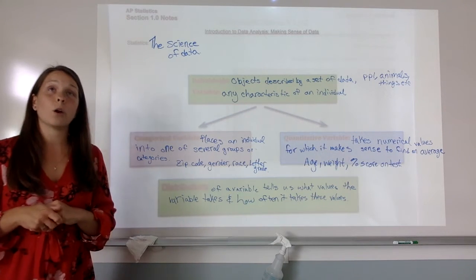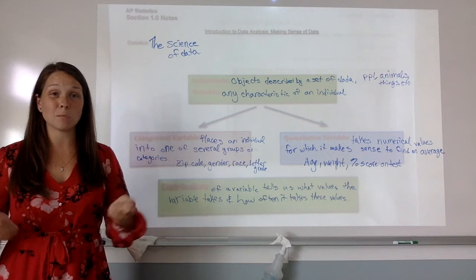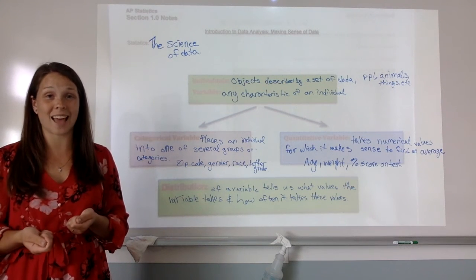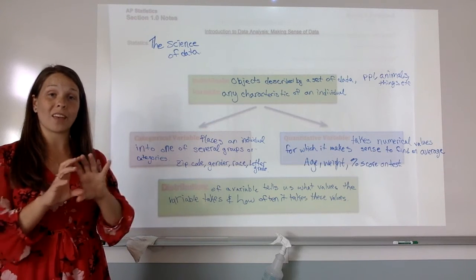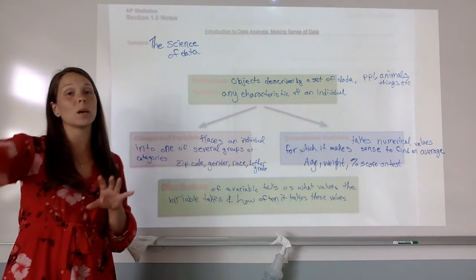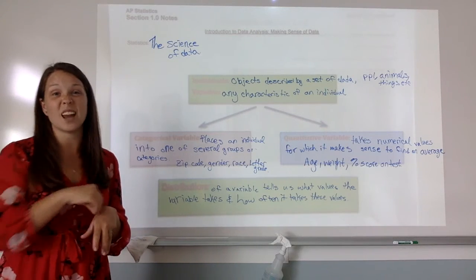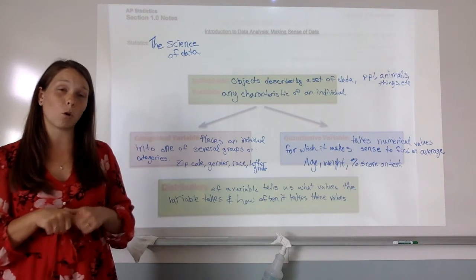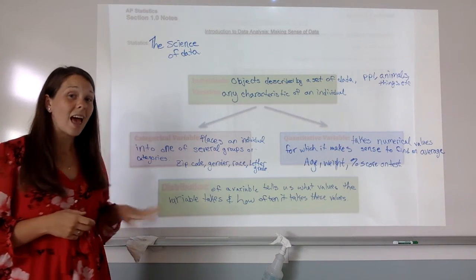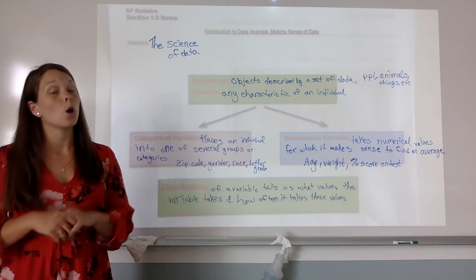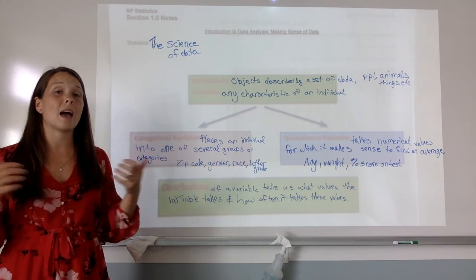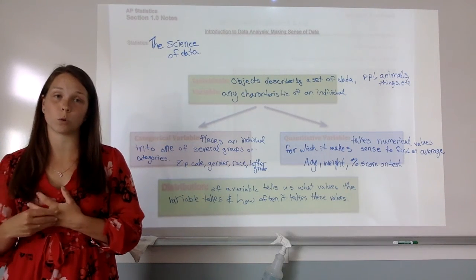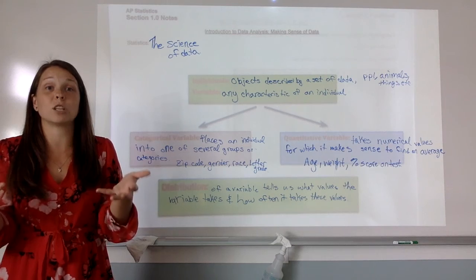So if I were to open up a bag of M&Ms and count how many orange M&Ms I had and draw that on like a number line, and then I gave everybody else in the class different bags of M&Ms, and everybody counted up their number of orange M&Ms, we all graphed how many orange M&Ms we each had in our bags, that would be creating a distribution. We will be creating distributions for everything we do in here, so we're going to be dealing a lot with that. Those are all of our graphical representations that really give us a visual to the data.